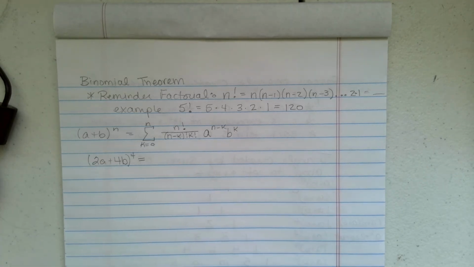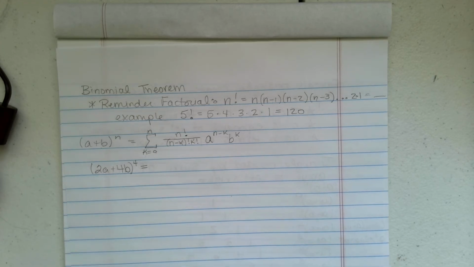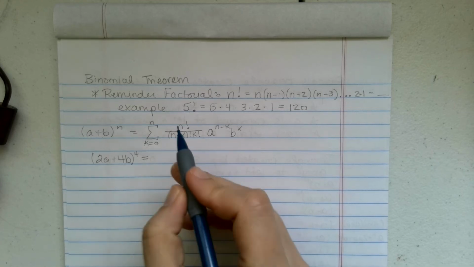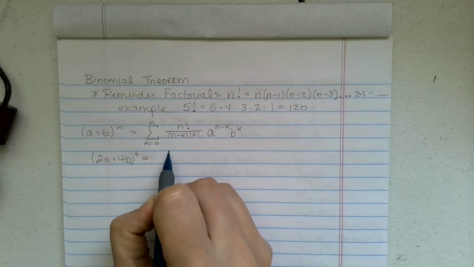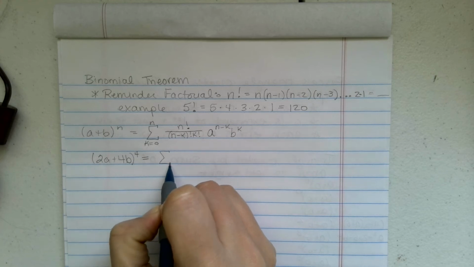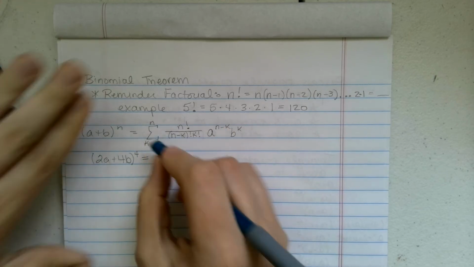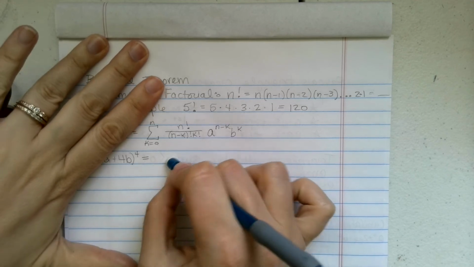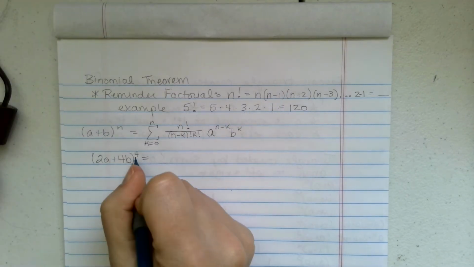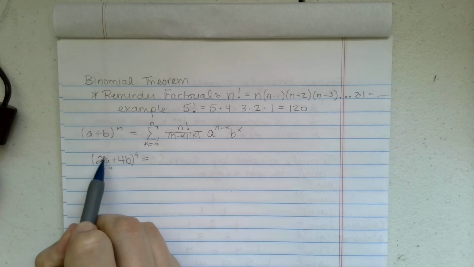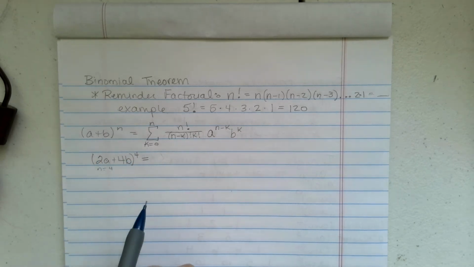Okay, so I'm going to use the one that we did in the notes, which is 2a plus 4b to the 4th. And what we need to do then is fill this in. Actually, let's just leave the summation off and use that as our example. Okay, so n is 4. We're going to use this as a and that as b.